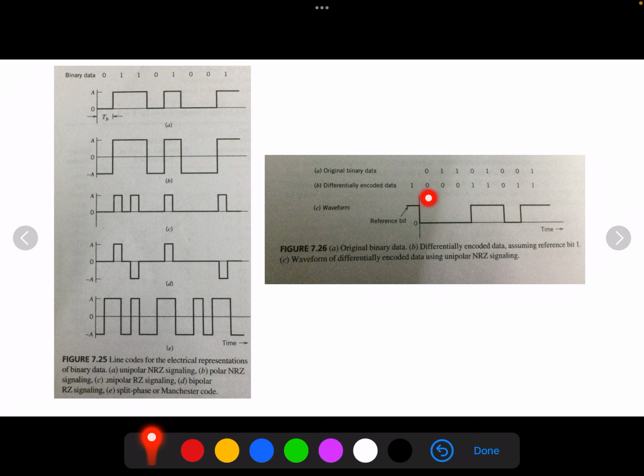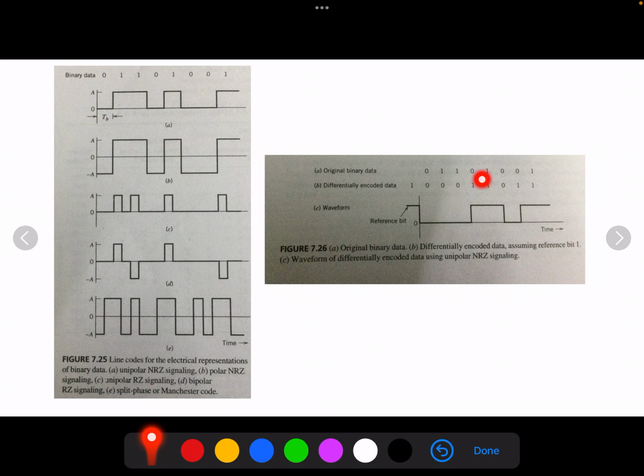Observe here. This is the original data, this is the differentially obtained data. When the next appearing symbol is 0, the value will be 0. Next is 1, so there is no change. 1, no change.